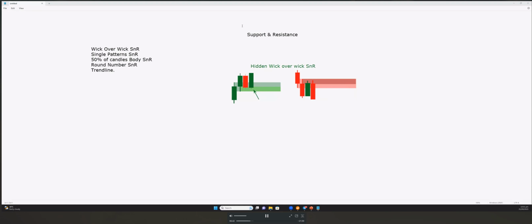Okay, so this part mostly you will find on the market, and then the other part, which is called a single candlestick pattern.